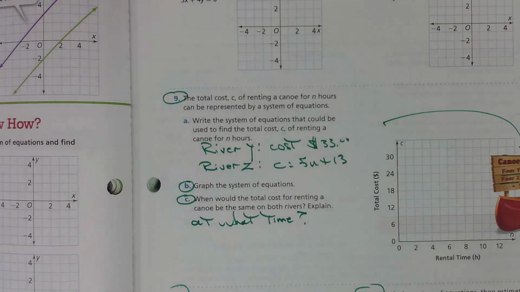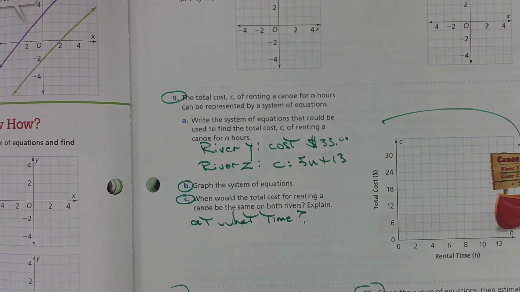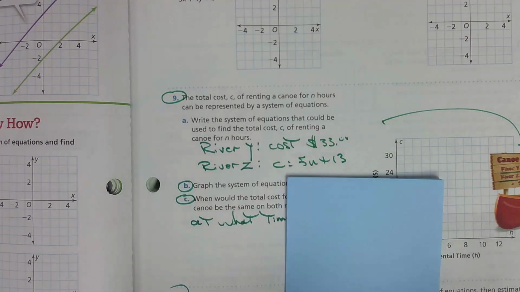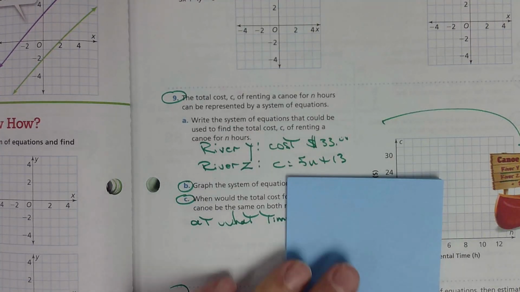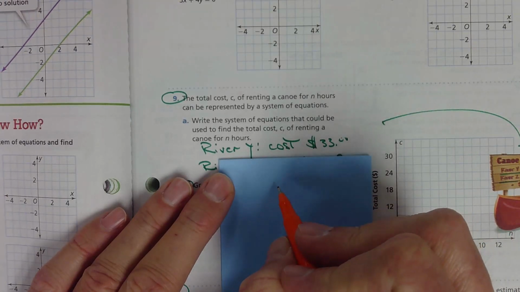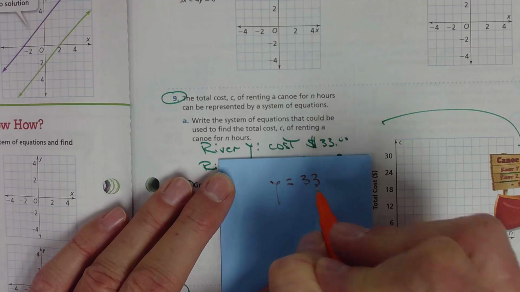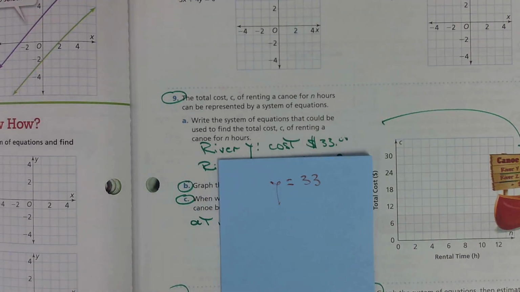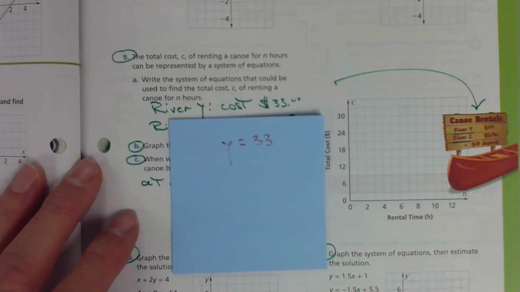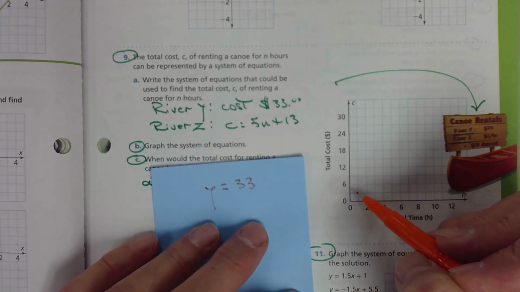The cost is $33. So if my equation is the cost is $33, it's y equals 33. That's my equation. If we were to graph that right here, it looks like these go in increments of 3.